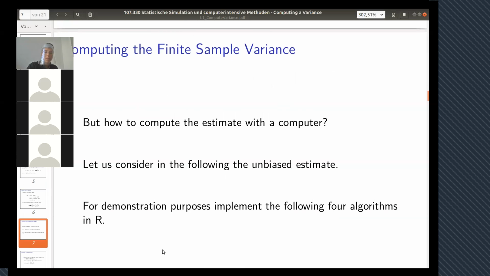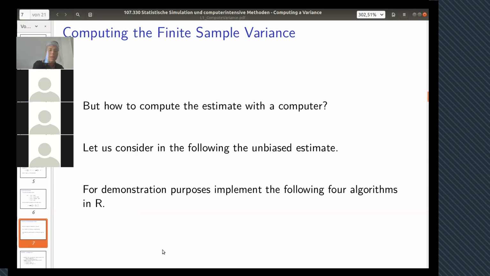And the next is, okay, we want unbiased estimates. And we will look at 4 algorithms in R to provide us with unbiased estimates for the variance. The idea is it's always the variance. Mathematically, it's all the same. It doesn't matter if I split it up or not, it is mathematically identical.